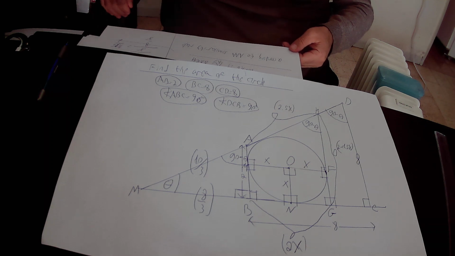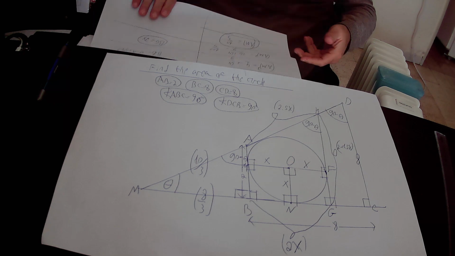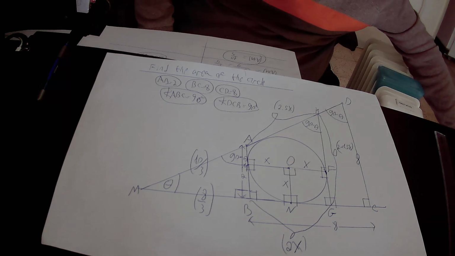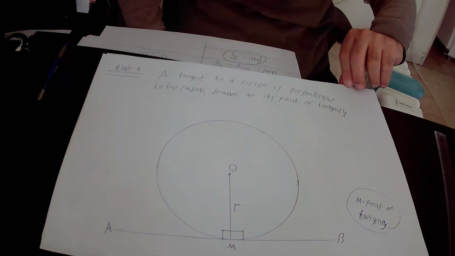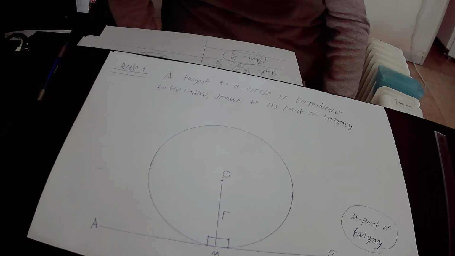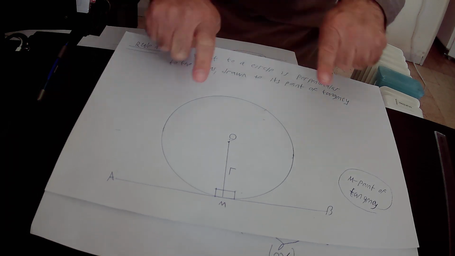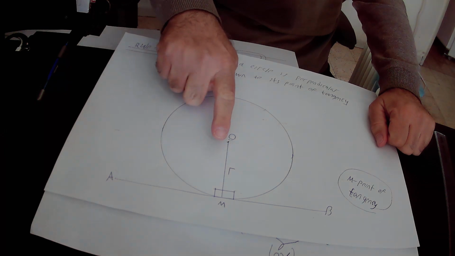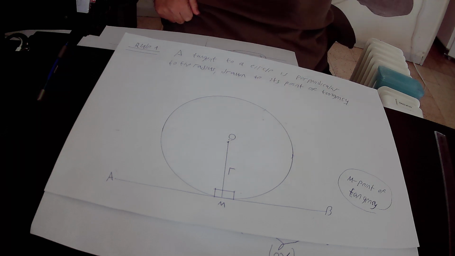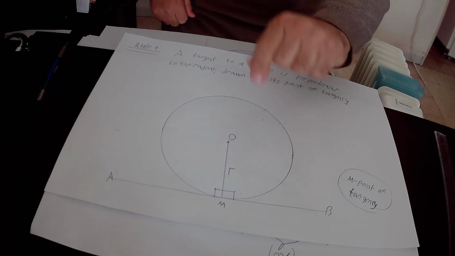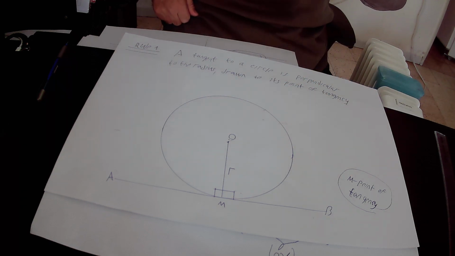Okay, so in the next step I presented to you rule number 1 and we implemented rule number 1 in our drawing. According to rule number 1, a tangent to a circle is perpendicular to the radius drawn to its point of tangency. Tangent AB is tangent to this circle at point M. We have the radius OM drawn to point M, the point of tangency of tangent AB with this circle.